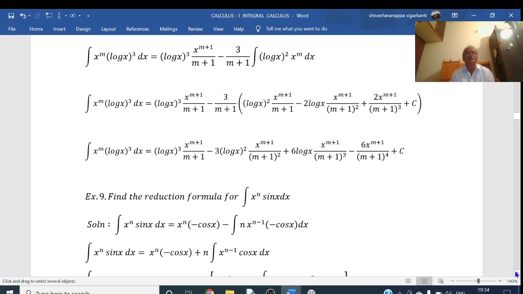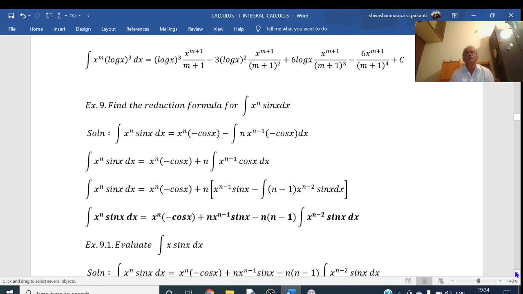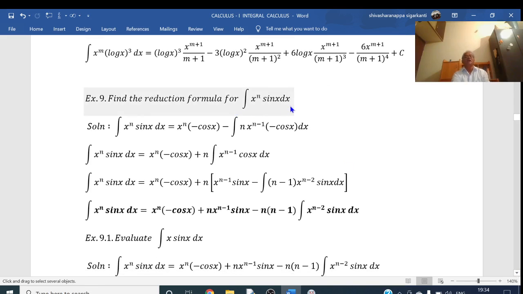Next reduction formula. Find the reduction formula for x power of n into sin x. Again here I will take x power of n as the first function, sin x as the second function, and I will integrate this by parts. That is, first function x power of n into integration of sin x is minus cos x, minus integral of derivative of first, x raised to n, derivative is n into x to the power of n minus 1, into integration of the second, sin x, which is minus cos x.